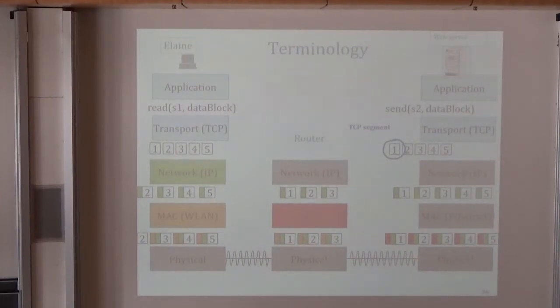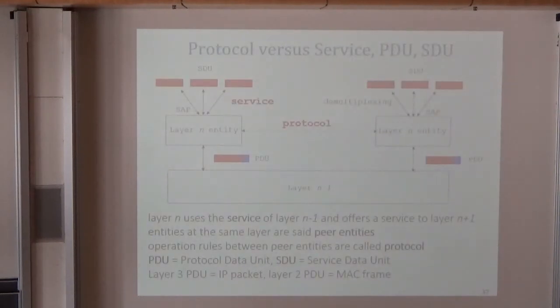So the web server is sending one TCP packet to Elaine, and this TCP packet is called a segment. The IP packets are called packets. The MAC layer packets are called frames. And all of those, in general, sometimes you will find this terminology, are called PDU.